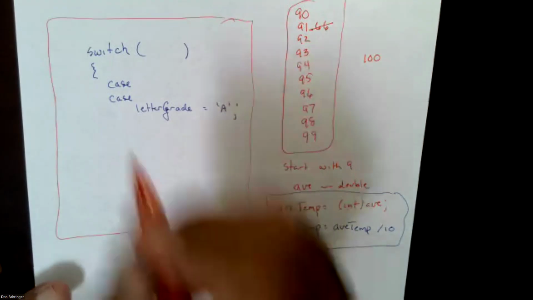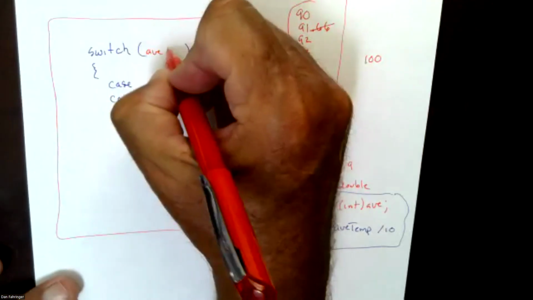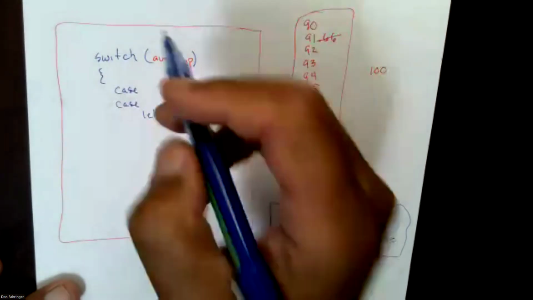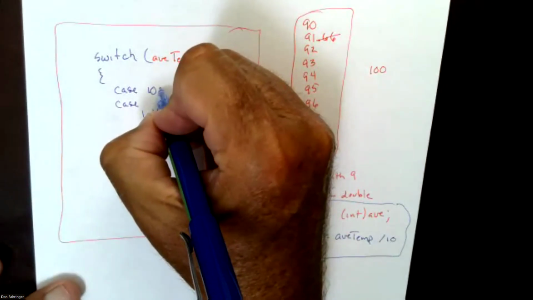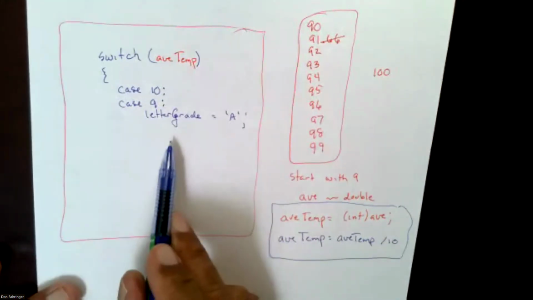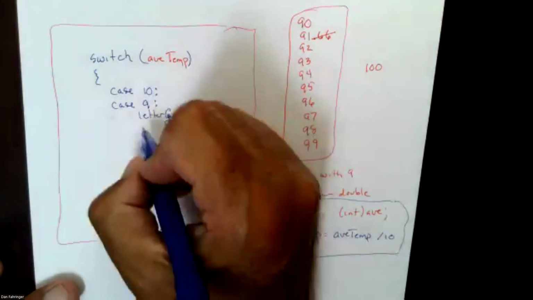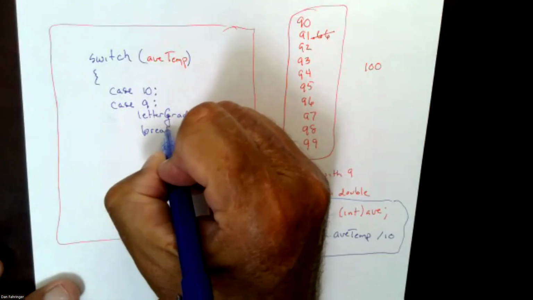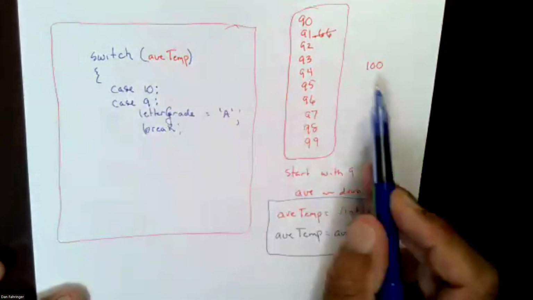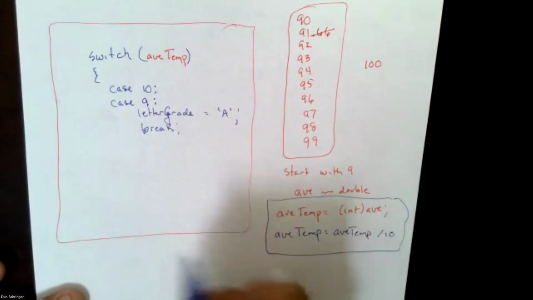So my switch would be on average temp. Case 10, case 9, oh, I should switch. That's right. Letter grade equals A, break. You notice there's no break after 10 because a 10 and the 9 would give me a letter grade.